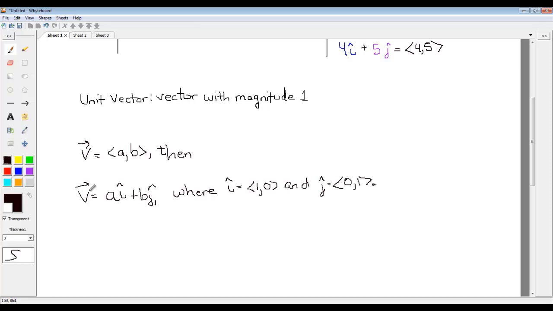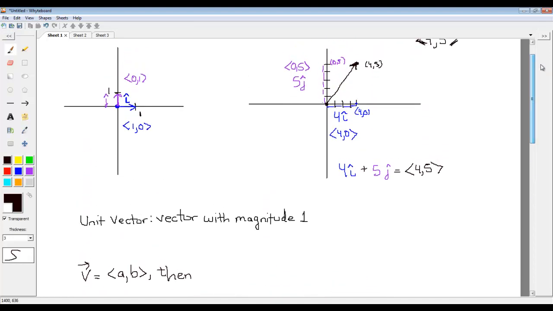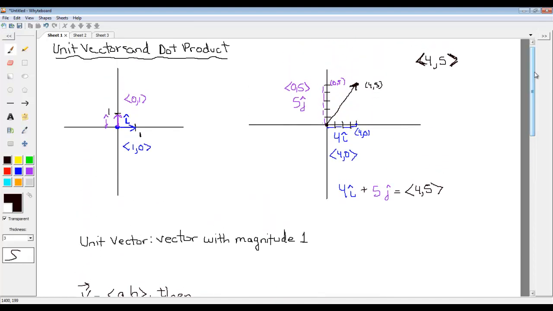You can use those to help express the vertical and horizontal components of vector v. Okay, so that little bit of knowledge, you'll be using down the line as we go.